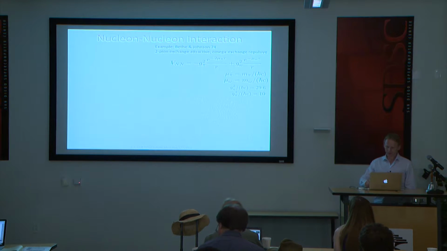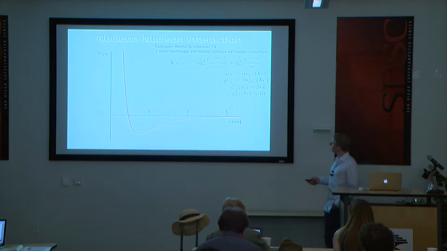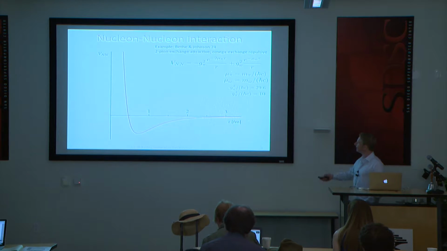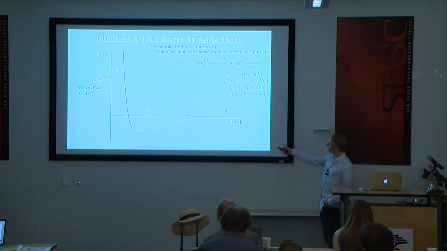So if you plot this, and I spent 2 hours trying to make a nice plot of this, finding the right scales and so on, but I managed to do it, you get a phenomenological description of the nucleon-nucleon potential. If you take derivatives of this potential you get a force, right? So you have a repulsive core, and unfortunately this was supposed to be blue, but it doesn't quite come out on that projector. You have the repulsive core starting here.